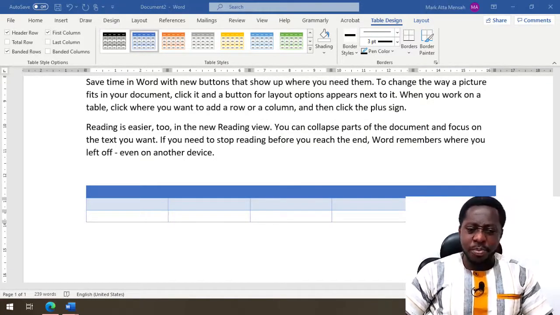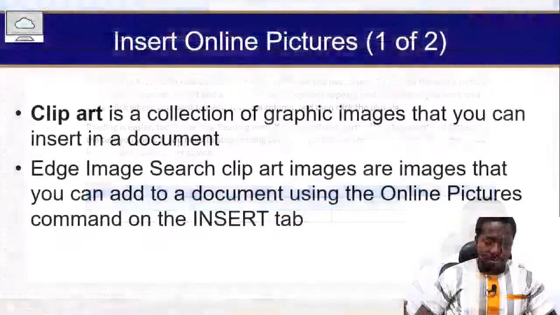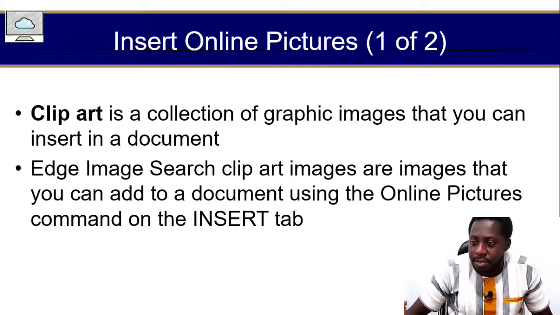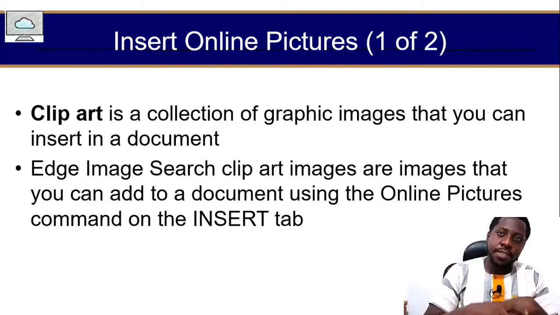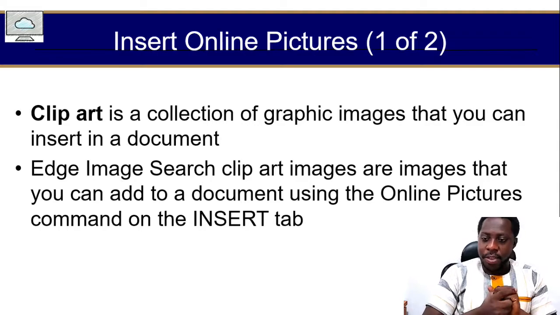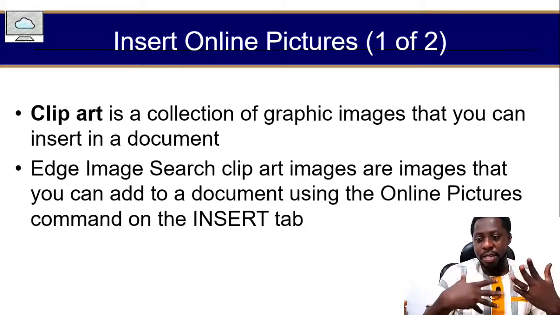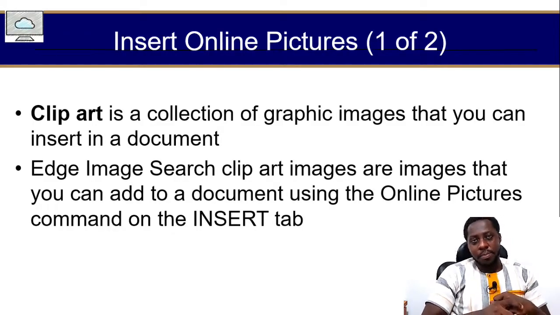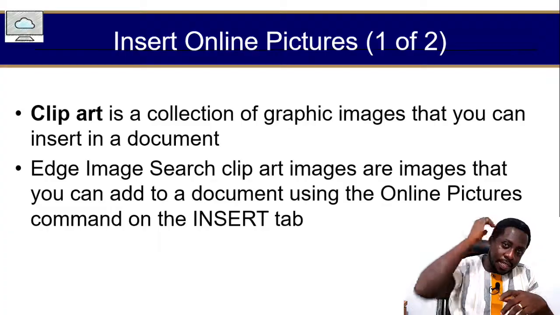So how do we import online items? We're talking about ClipArt. ClipArt is actually a collection of graphic images that you can insert in a document. So we have Bing Image Search and ClipArt, which are images that you can add to a document using the Online Pictures command on the Insert tab.